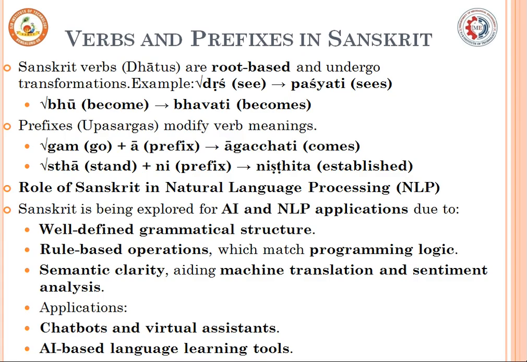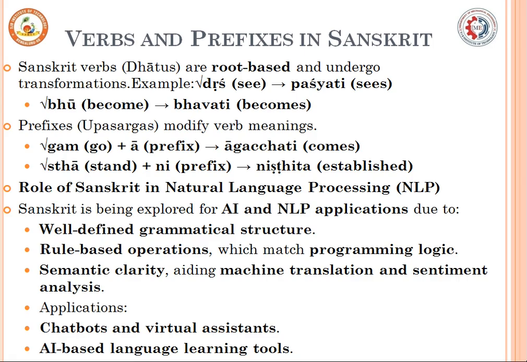So what are the verbs and prefixes used in Sanskrit? The verbs used in Sanskrit are dhatus, which are root-based and undergo transformation. Here he has told how the prefix has to be modified by using verb meaning. Now, the role of Sanskrit in natural language processing.